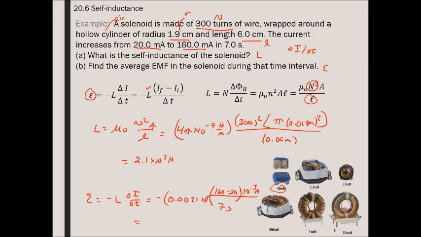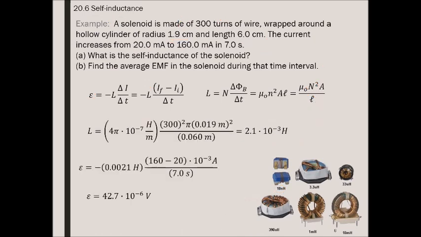That gives us 42.7 times 10 to the negative 6 volts, or 42.7 microvolts. So very, very tiny for this particular situation, but we're just dealing with milliamps, so that's not too surprising. Here are all those values again.